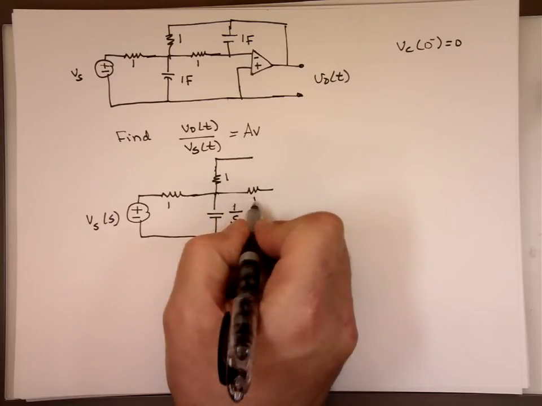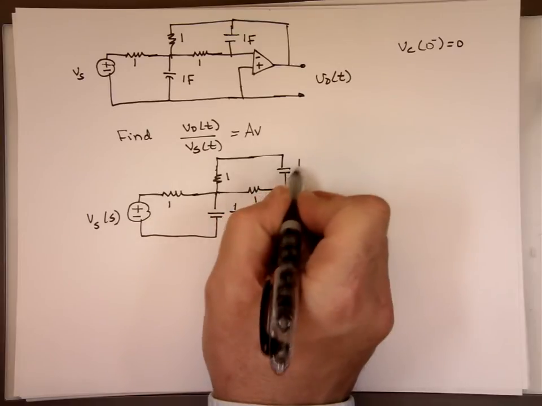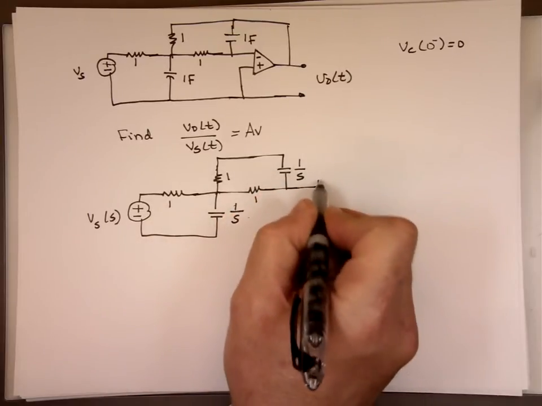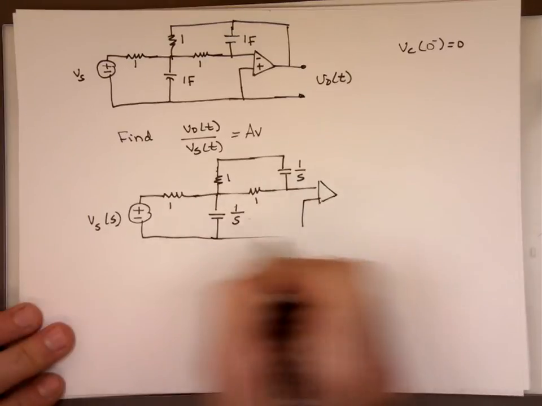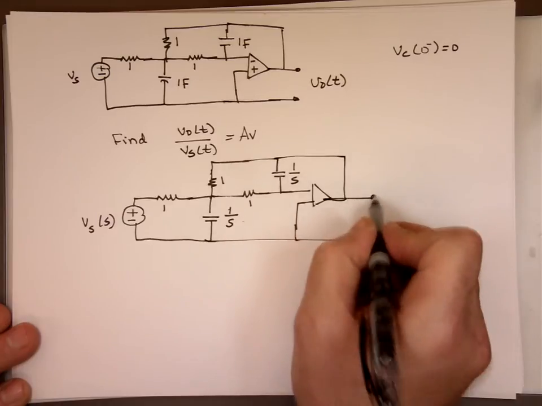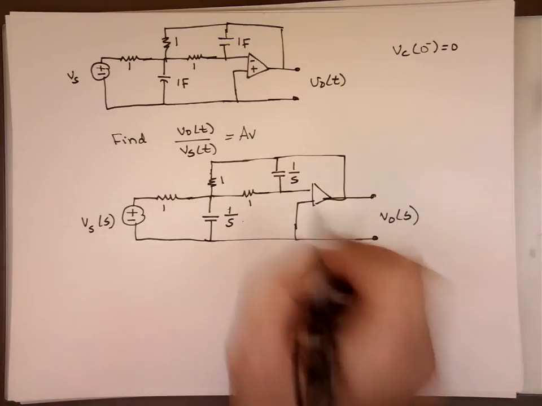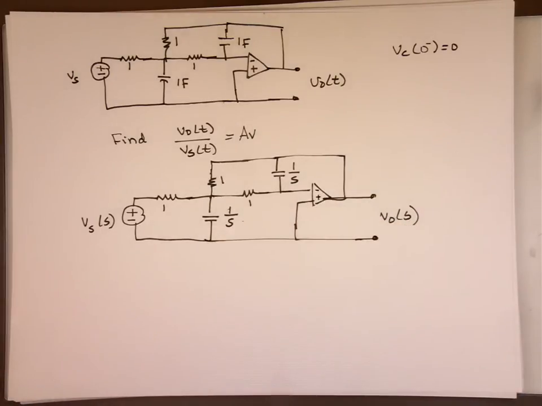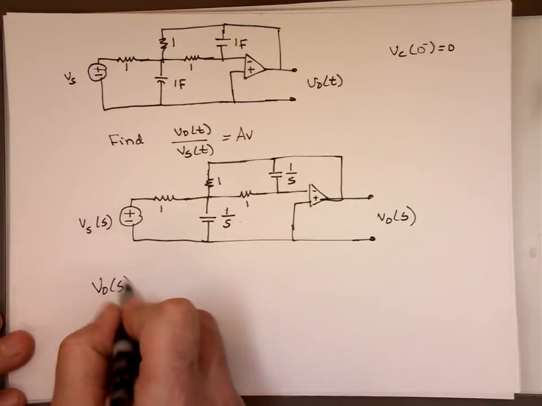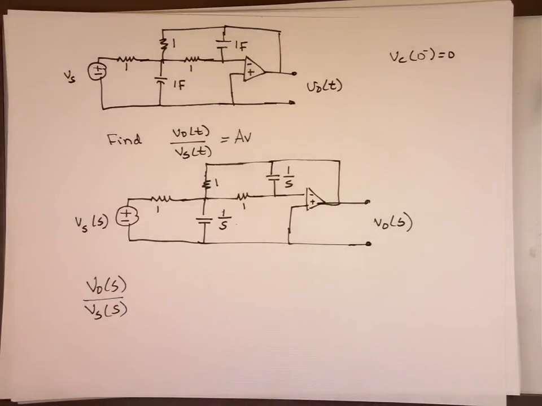The resistor is 1. 1 over SC, 1 over S. And V out as a function of S. So let me find what is V out as a function of S over Vs as a function of S. Once I have that, I'll do the inverse Laplace, and I'm done.